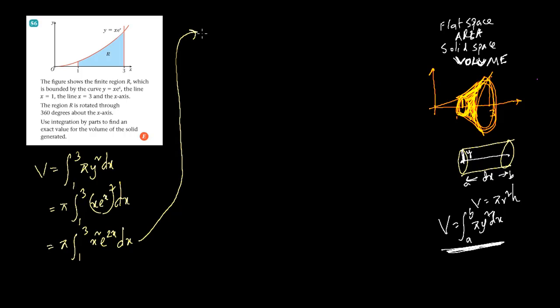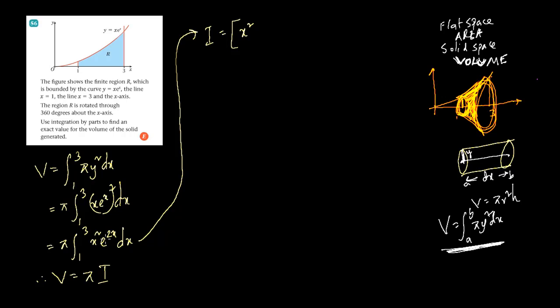First of all, let's take volume equals pi I. Let's take this integral as I, because it's easier to write it if we write it as I. So I equals uv. So we know what u is. u is x squared. So this is u.